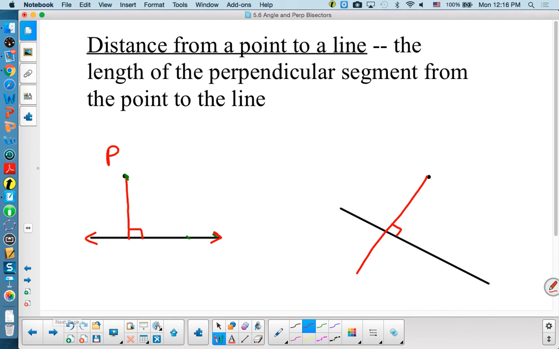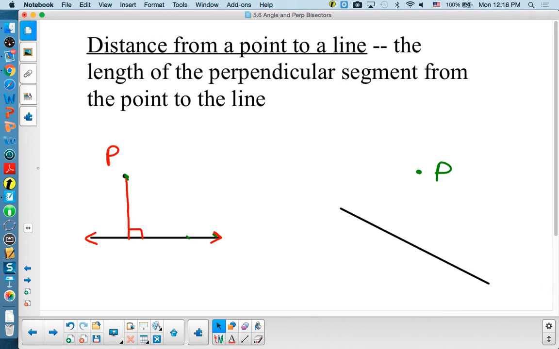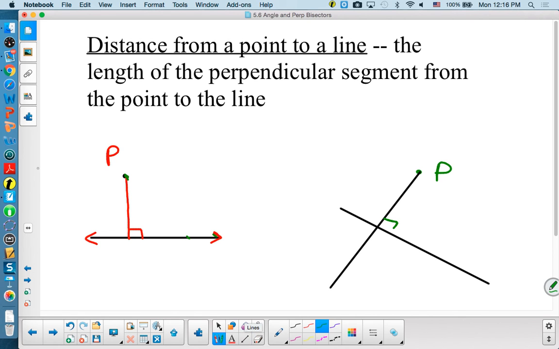I didn't do that very well. Let me try it again. Let's use a drawing tool. Oh, I lost my point. Okay, so a drawing tool would probably work better. Marking it so that it is at a 90-degree angle.